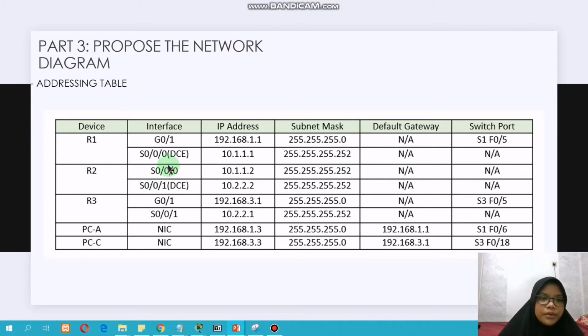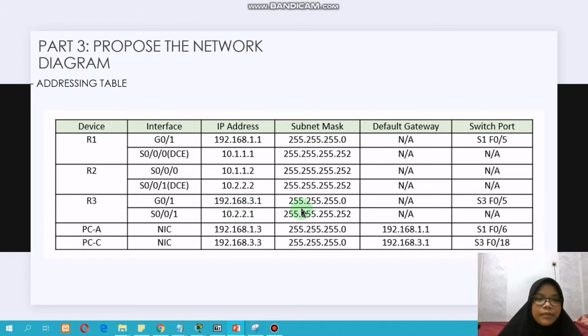For router 2, interface S0/0/0 has IP address 10.1.1.2, and the subnet mask is also 255.255.255.252. For router serial S0/0/1, its IP address is 10.2.2.2 and subnet mask is 255.255.255.252.